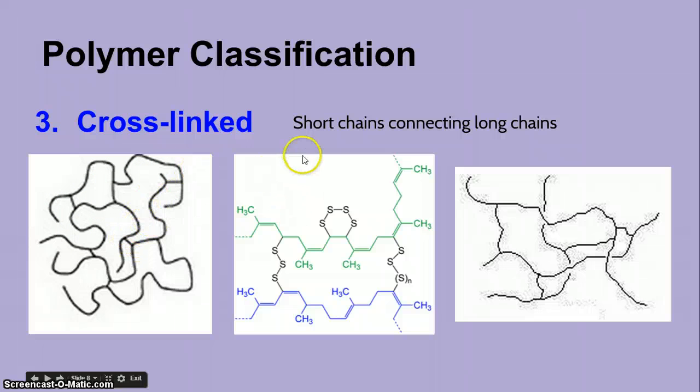These tiny connections make a cross-linked polymer the strongest of our three types, but also the least flexible, because with all these little connections, it can't bend as much as the other ones that have fewer connections between the polymer chains.